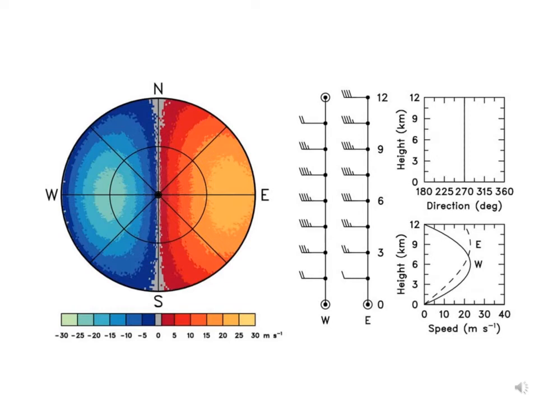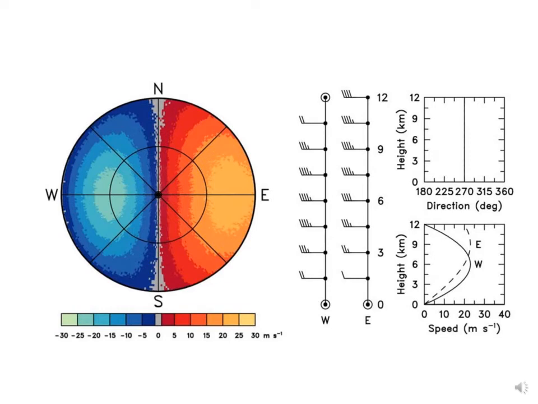When we look off into the west, these winds are going to be strongest, moving with a radial velocity towards the radar, immediately along the western azimuth angle, if you want to think of it that way.